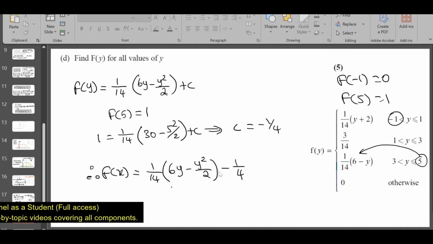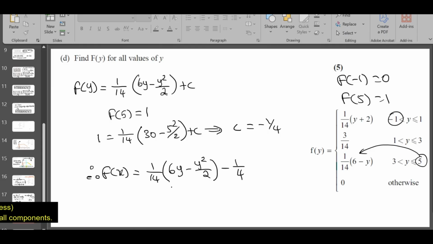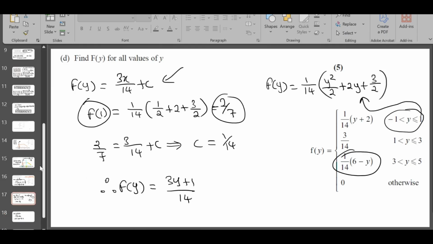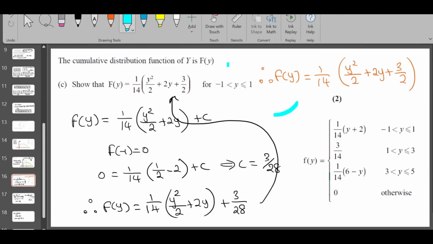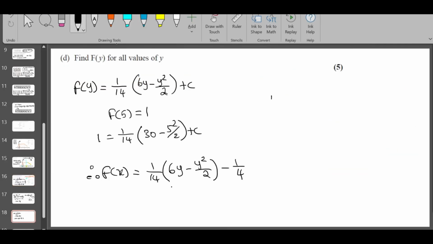Now we need to combine all the f of x and write the function now. So the first function is here, this one, 1 over 14 y square over 2 plus 2y plus 3 over 2.